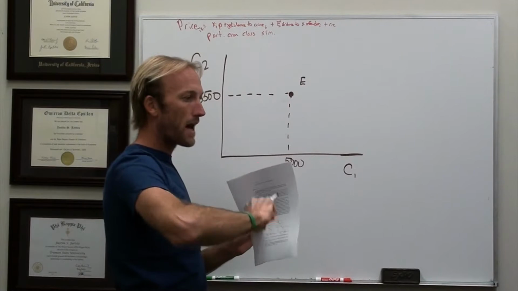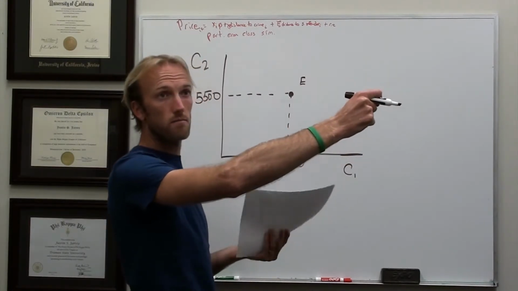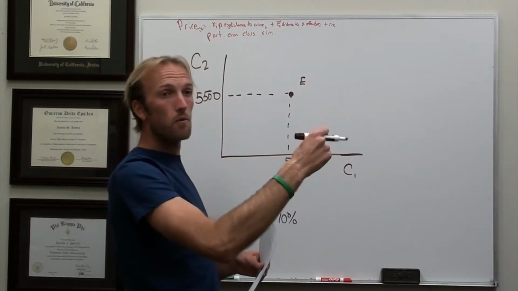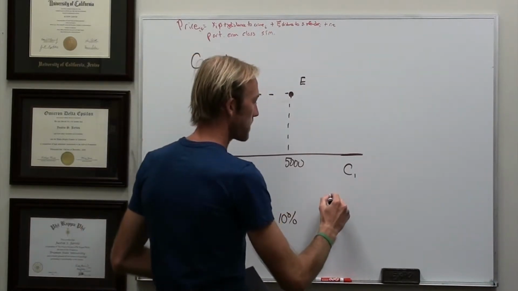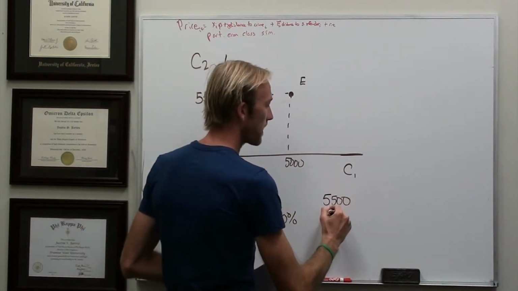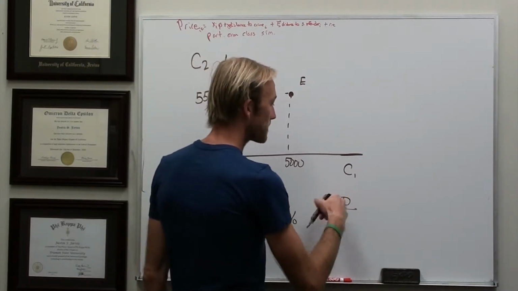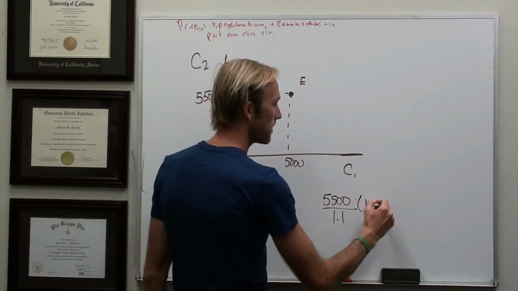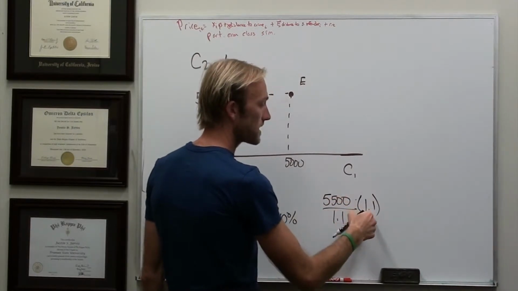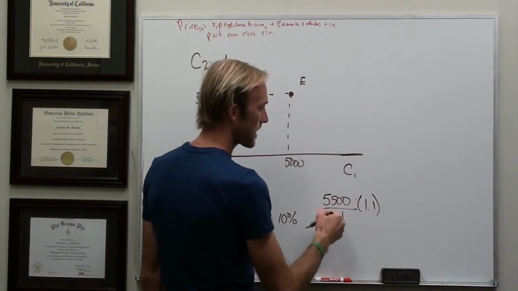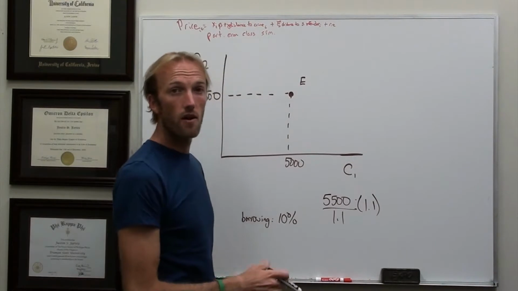So how much will they loan me on my 5,500? When I pay that back times 1 plus 10%, which is 1.1, it will be $5,500. Well, this kind of makes sense. If they loan me 5,500 over 1 plus R, 1.1, then when I pay this quantity back, I have to pay back what I borrowed plus interest times 1.1. Well, that's going to cross out and it will be exactly $5,500, which is how much I have.